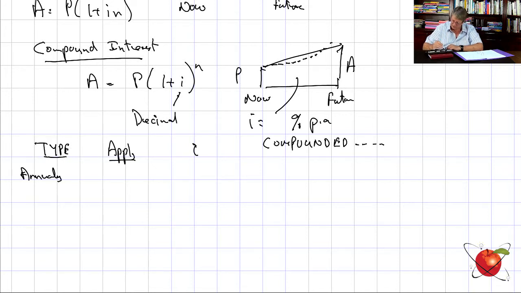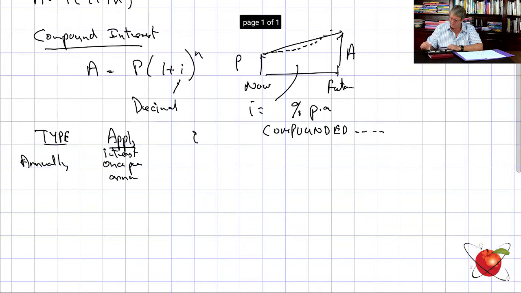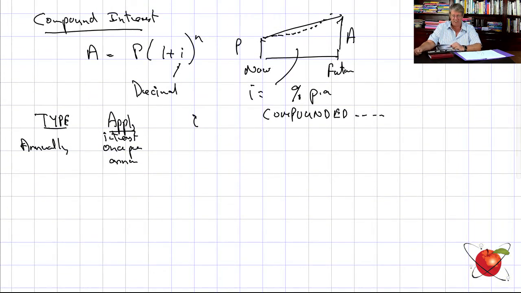Okay, I need two L's there. Annually, you apply interest once per annum. So if it's compounded annually, it means I get interest at the end of the year and nothing in between. That's pretty much like simple interest.